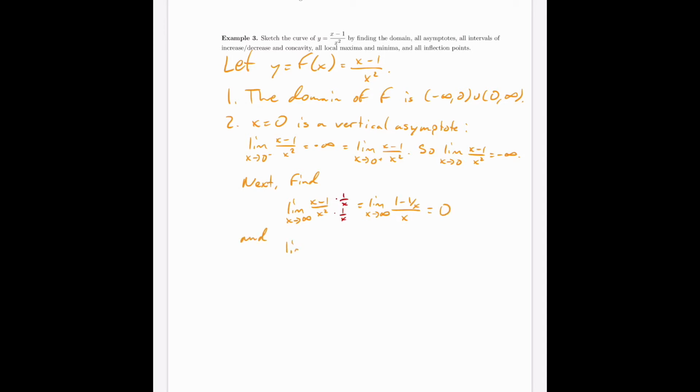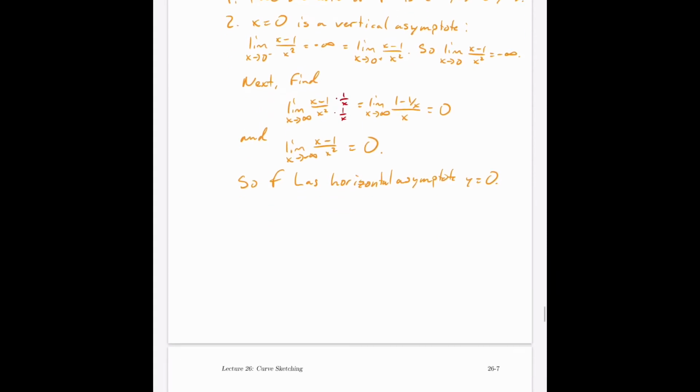And similarly, I'll let you work this out, but if you take the limit at negative infinity, you're going to get 0 as well. And so that means that f has horizontal asymptote y equals 0. Okay? So x equals 0 is the vertical asymptote, y equals 0 is the horizontal asymptote. Great. Now let's get to our calculus.